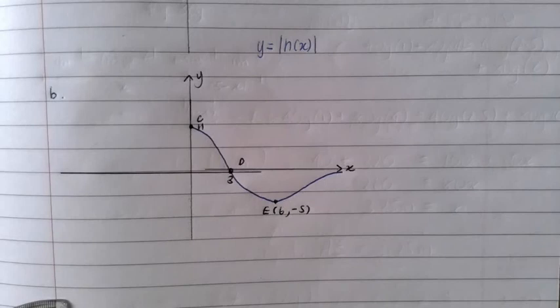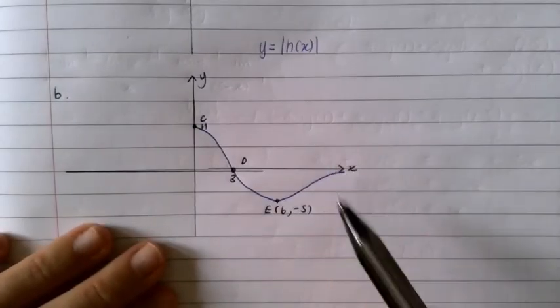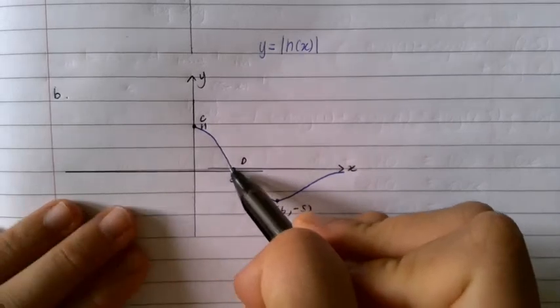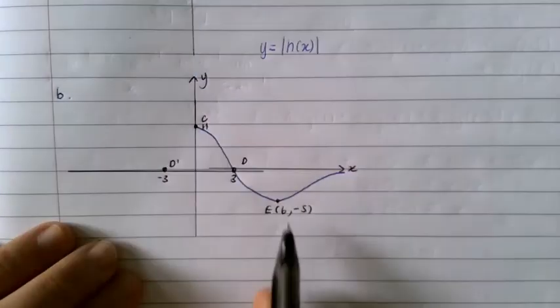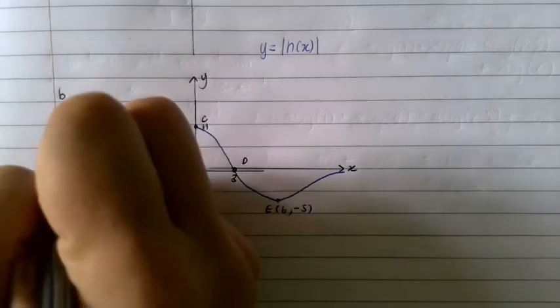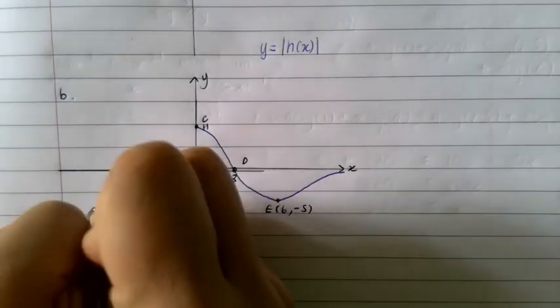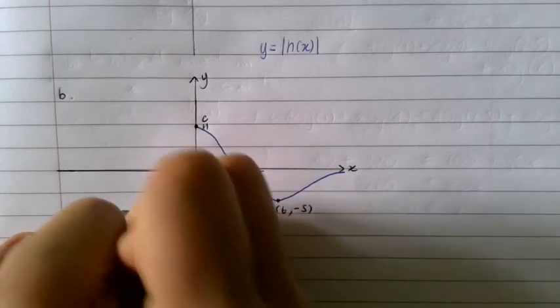Now this needs to be reflected in the y-axis. So we're going to have a reflected point D dash here at -3. So this is going to be D dash, and we're going to have a reflected point E dash as well, which is at -6, -5.